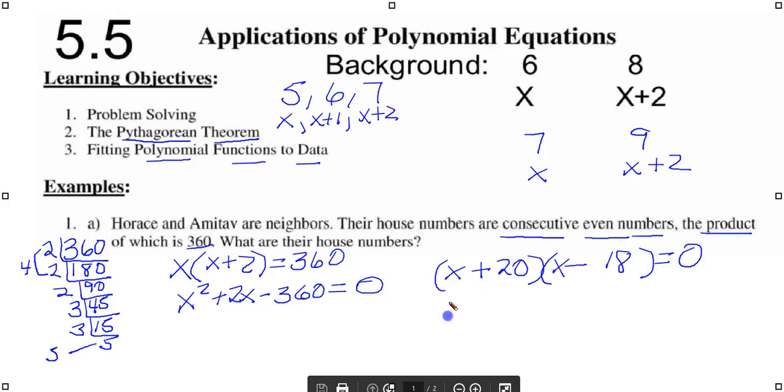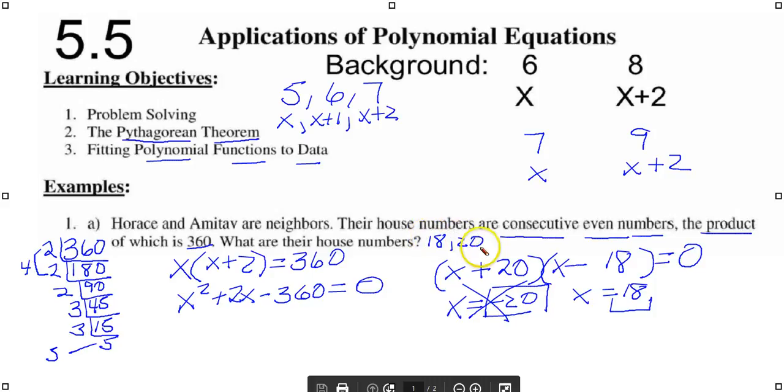Well, here, x will equal the negative 20. And here, x will equal a positive 18. Now, we don't have house numbers that are negative 20. So we reject this answer. And this is our first house number. So it would be 18 and a 20.